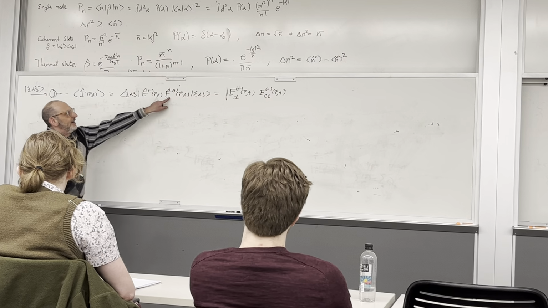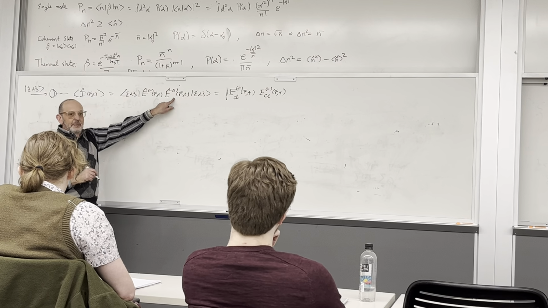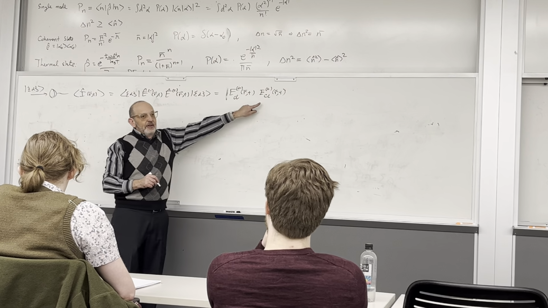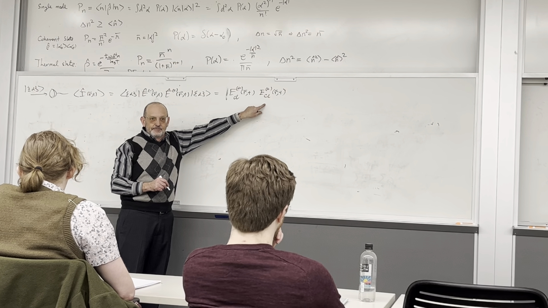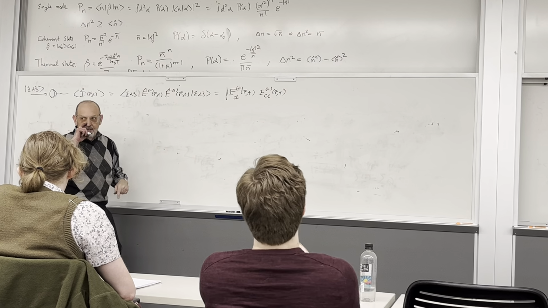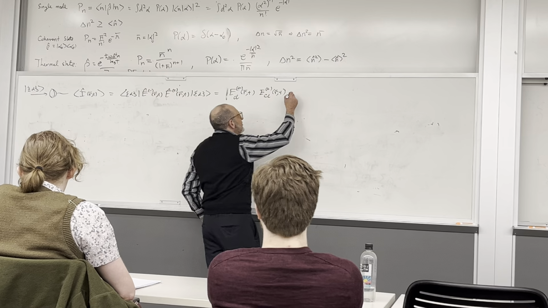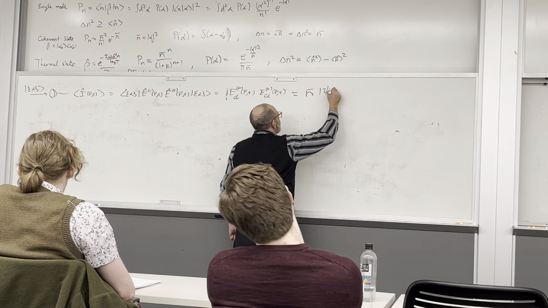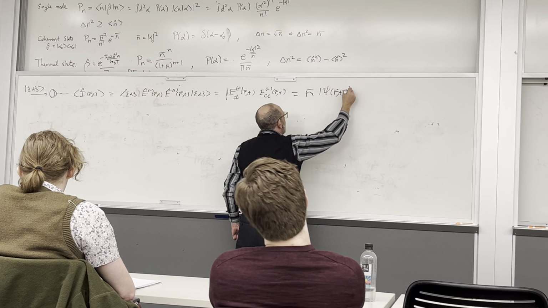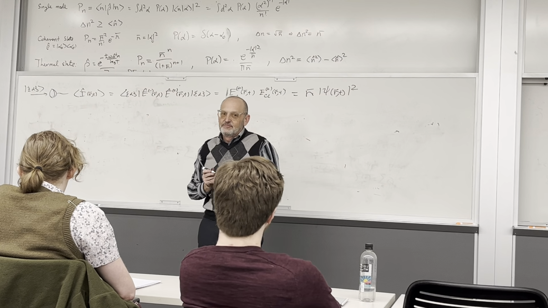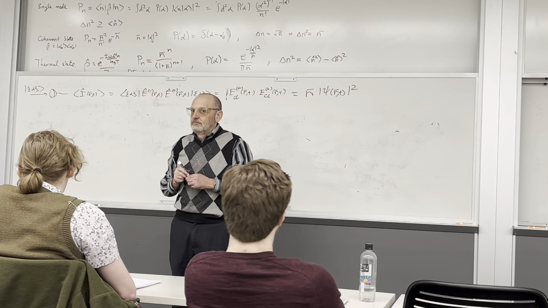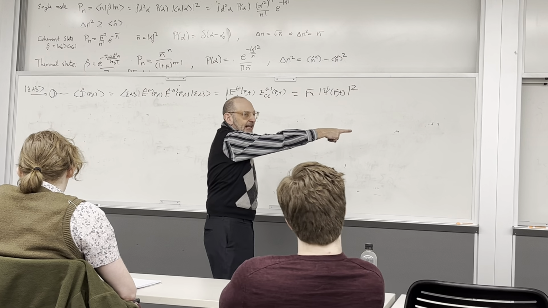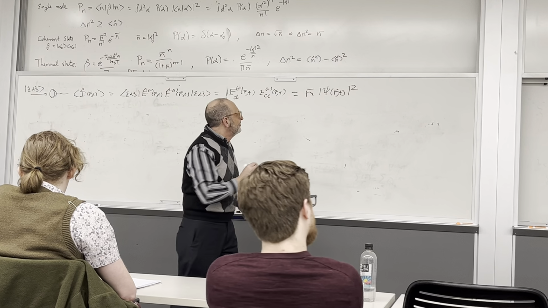This is an eigenvector of E plus with the eigenvalue of the classical field, and this is its complex conjugate, which is just equal to the mean number of photons times the square of the wave function of a single photon, from exactly what we wrote down over there.